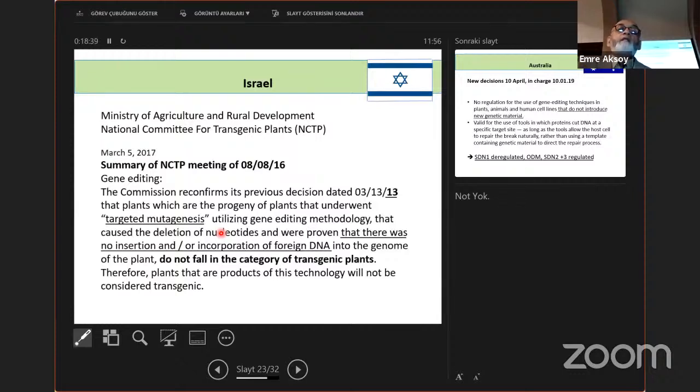Therefore, plants and their products of this technology will not be considered transgenic.